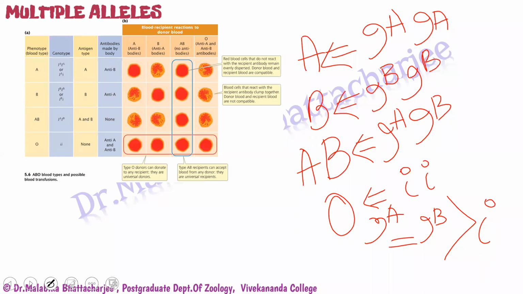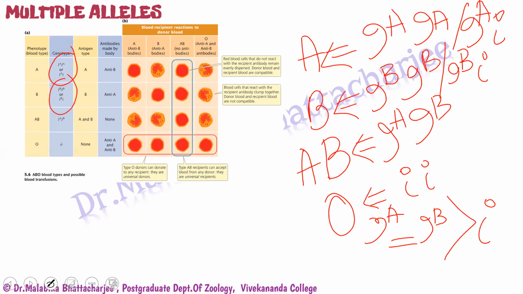So if both of them are dominant to small i, then a combination of IA and small i will also give A blood group. A combination of IB and small i will also give a B blood group. So the genotype of A blood group is IA, IA or IA, small i.